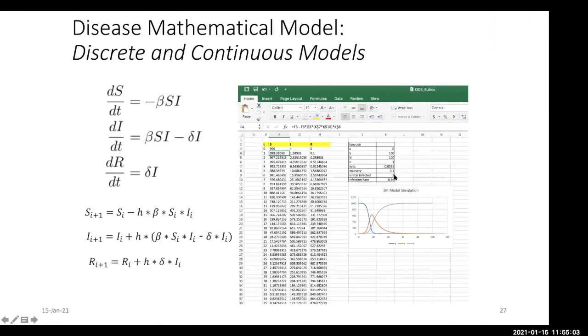You are generating the data. Even the formulas are given here. I want to see if you can generate this table and this graph.